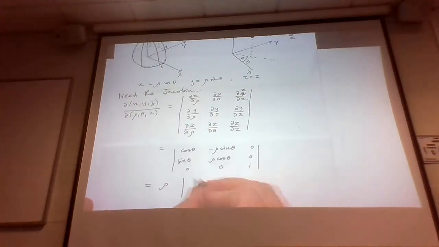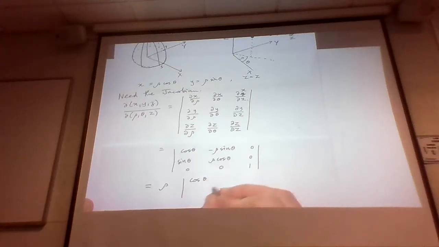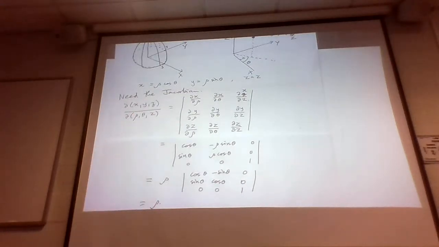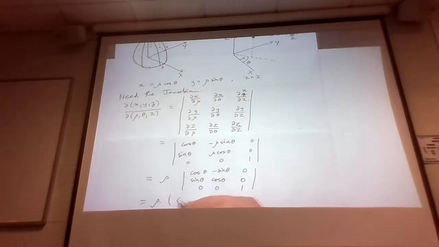So this is rho times cosine theta, sine theta, minus sine theta, 0, 0, 1, 0, 0. And this determinant can be immediately expanded along the bottom row, and it will give you cosine squared theta plus sine squared theta. So the value of the Jacobian is rho.